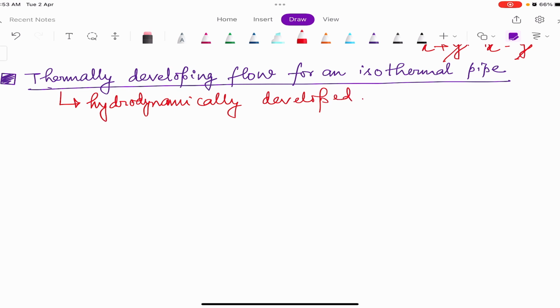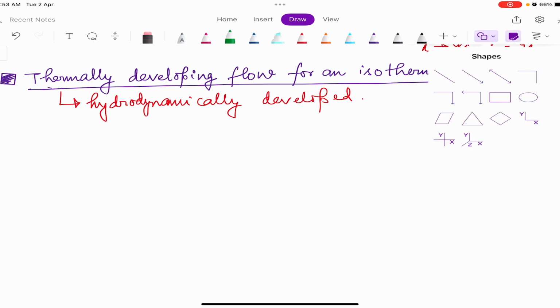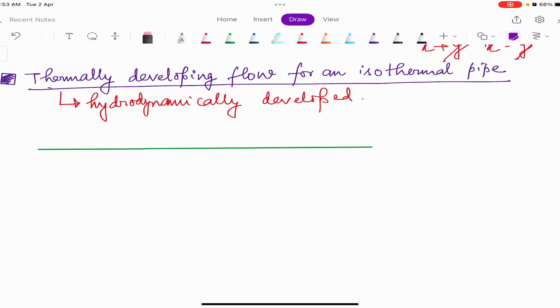So what we have is a pipe like this, and this will be the center line.